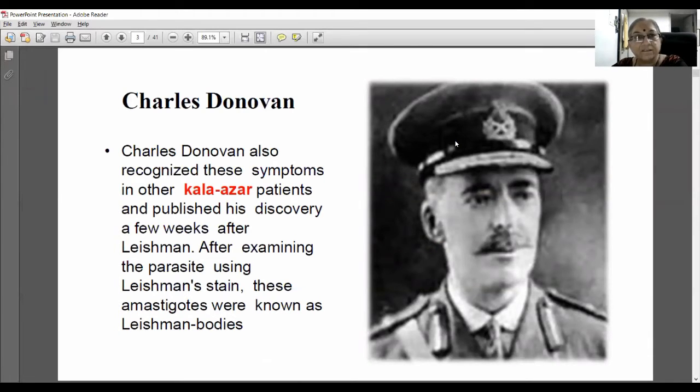Now, Charles Donovan also simultaneously started observing the symptoms of Kala Azar in the patients, and he published his discovery just a few weeks after Leishman.